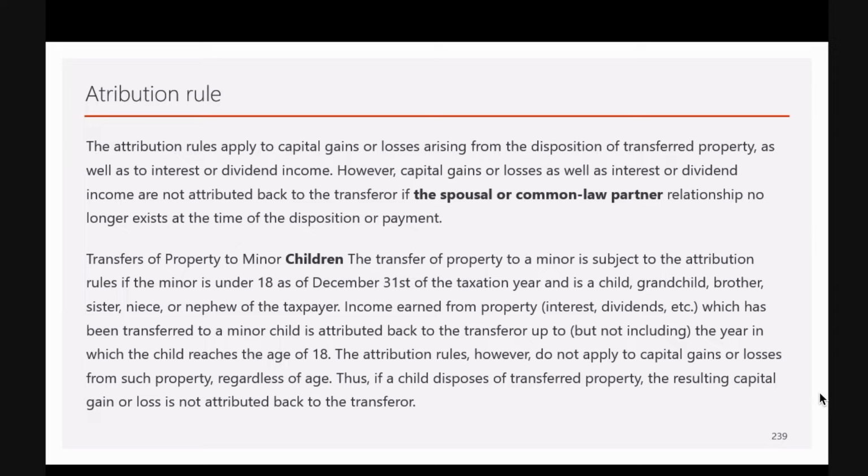Okay, the transfer of property to minor children. The transfer of property to a minor is subject to attribution rules.